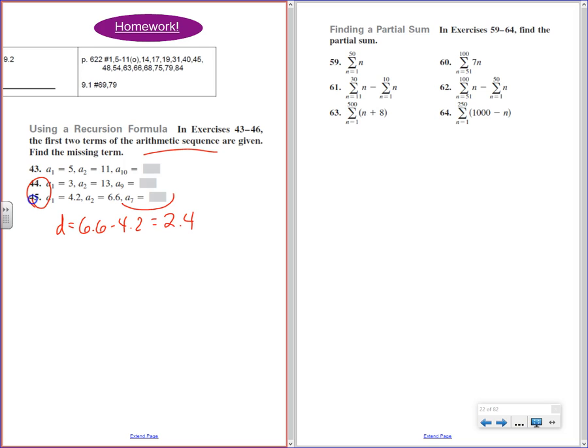What am I trying to find? The 7th term. Well, guys, whether you have the formula memorized or you're trying to memorize, or whether you're just trying to figure out the pattern, how do I get the 7th if I know every time I'm adding 2.4? How many jumps will I go from the first? From the first, 6 jumps of 2.4.